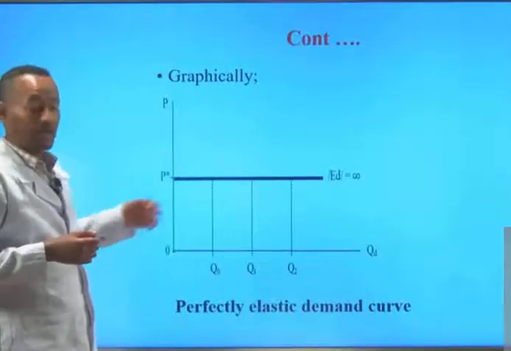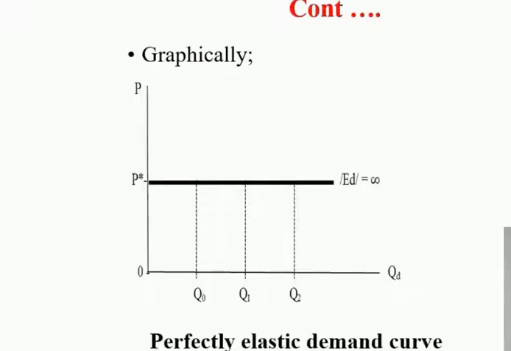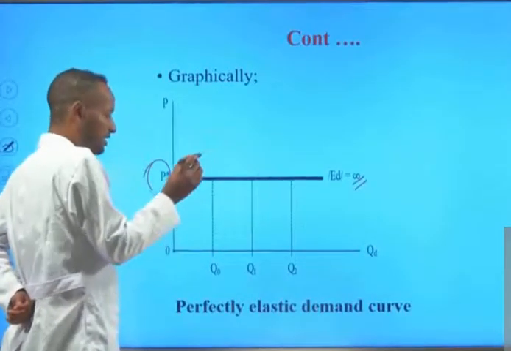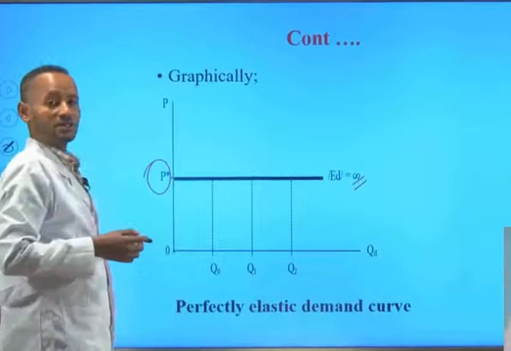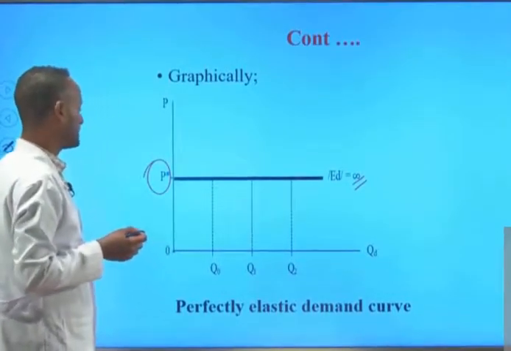This is the perfectly elastic demand curve. It indicates any amount of a product is demanded at this fixed price, and its price elasticity of demand value is infinity. It is a horizontal straight line demand curve. Products with unexpected price discounts have perfectly elastic demand.